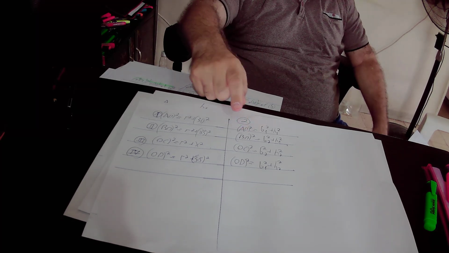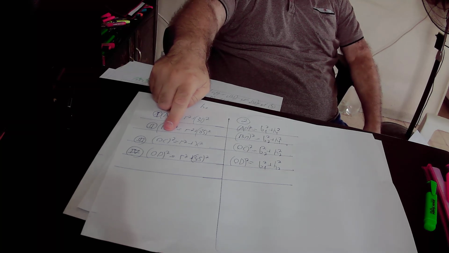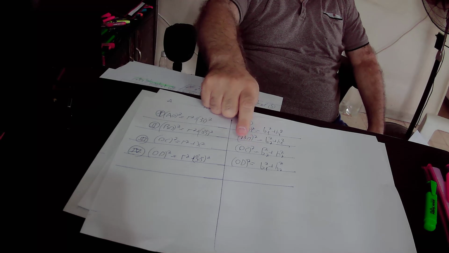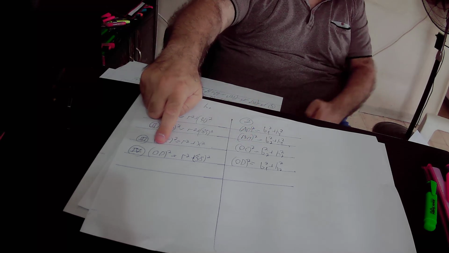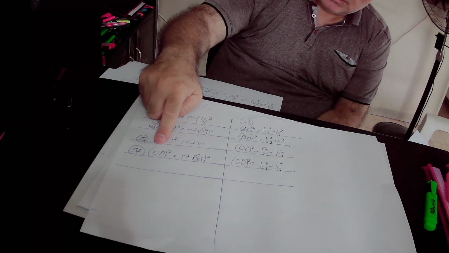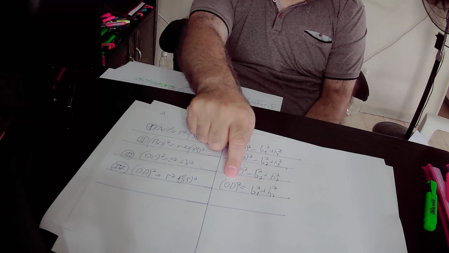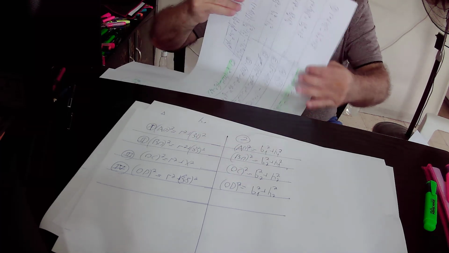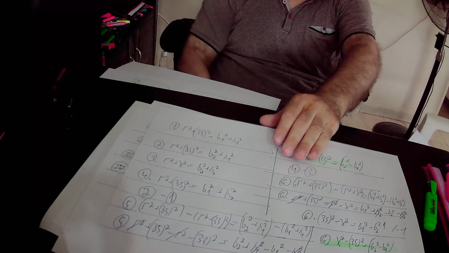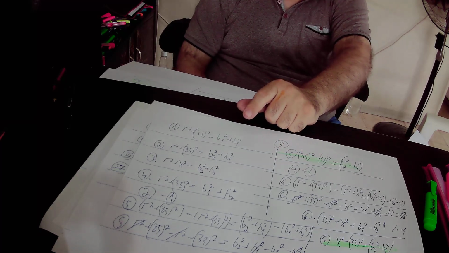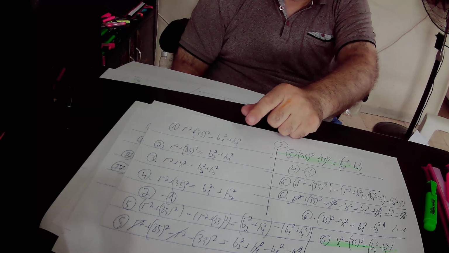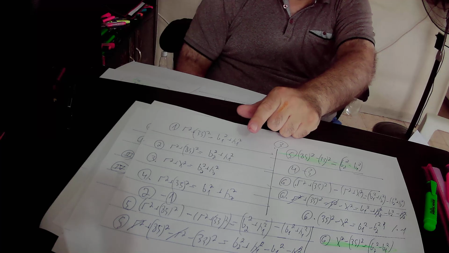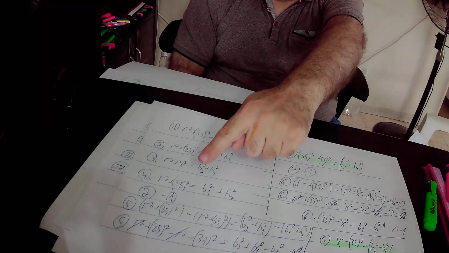Then the third equation states that OC square according to equation number 1 must be equal to OC square according to equation number 2. And finally, OD square according to equation number 1 must be equal to OD square according to equation number 2. So those are the 4 equations that we created according to the 4 statements that I mentioned.